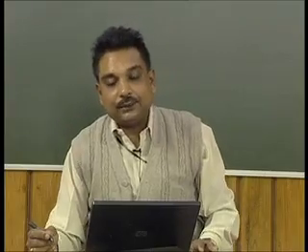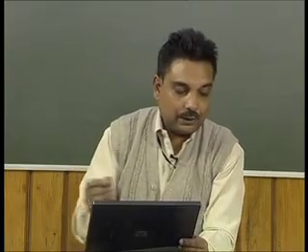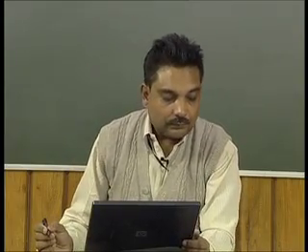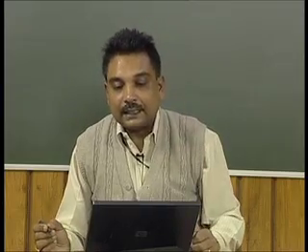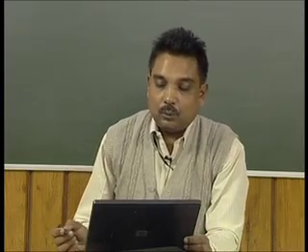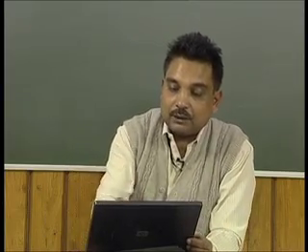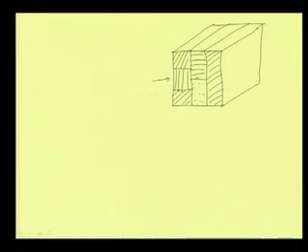So, under that situation, what happens to the electrical analogy concept? What we will do is, if we have to find out the heat transfer rate from this side to this side, say q dot x, that is the heat, this is the x direction, we have to find out the total resistance of the system.